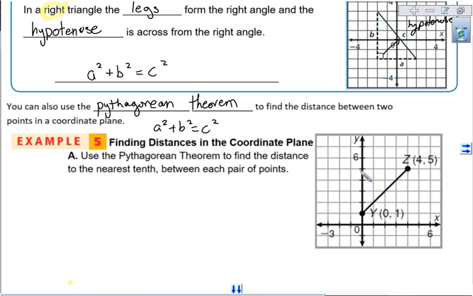So what I recommend doing is, when you are on a graph like this and you already have your points graphed, make your right triangle. Now, to make your right triangle, you need to trace the grid lines. Notice that I'm tracing all the way vertically and all the way horizontally across that grid line.